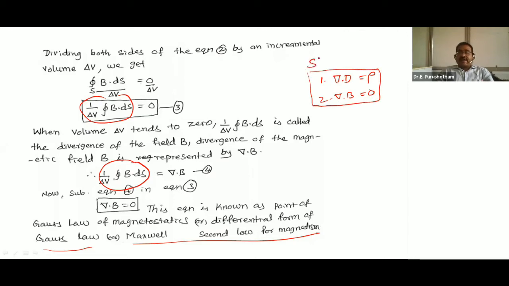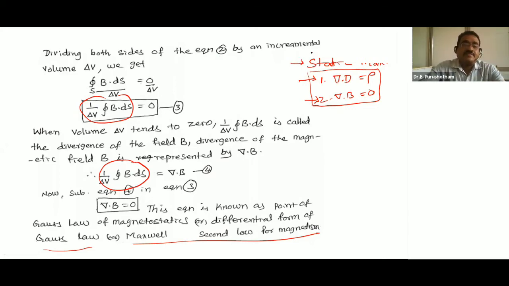These Maxwell 1 and 2 equations are called static Maxwell equations. The first is the electrostatic equation and the second is the magnetostatic equation. These are called static Maxwell equations.